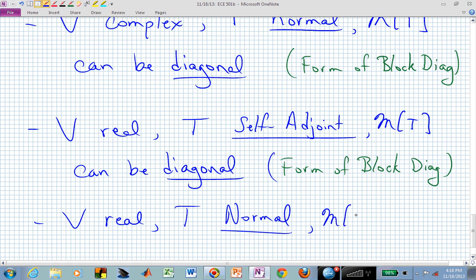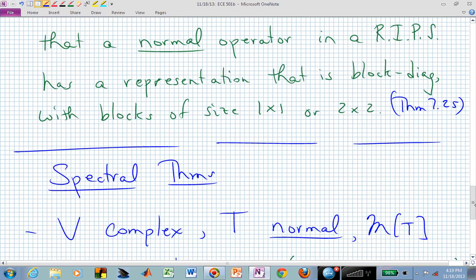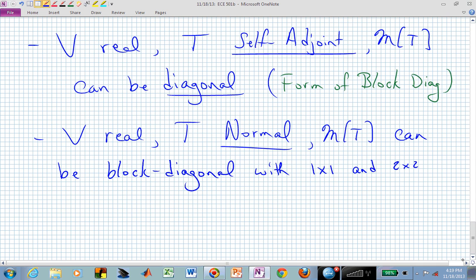Then the matrix representation of T, as we just sort of claimed from that earlier theorem, which we just talked about, theorem 7.25, can be a real block diagonal matrix with 1 by 1 or 2 by 2 subblocks on the diagonal.